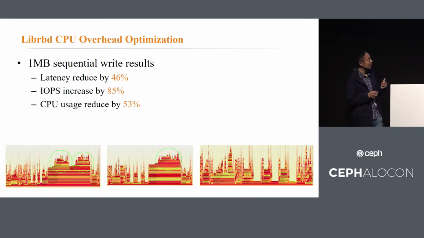As we can see from the three pictures from left to right, the first is with the two memory copies present, the middle one is where we removed the first memcopy, and on the right side we have removed both memory copies. So as we can see, no obvious hot spots are left.